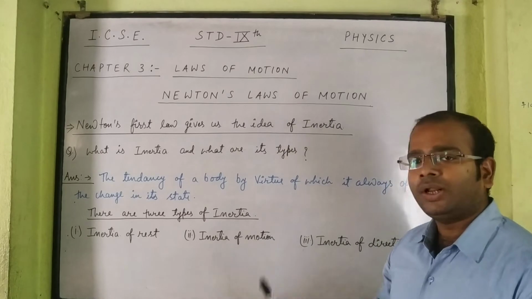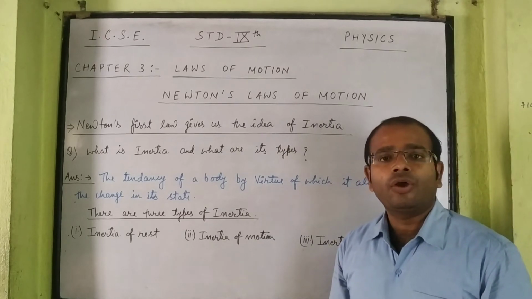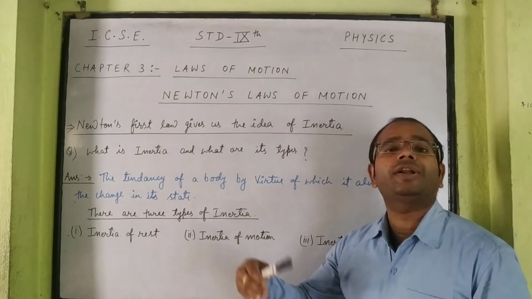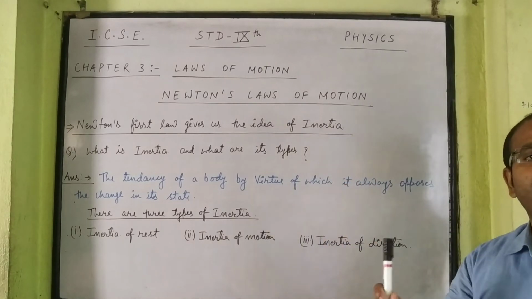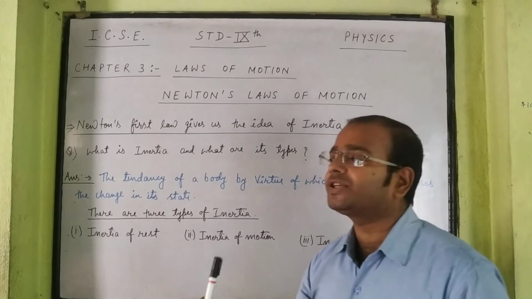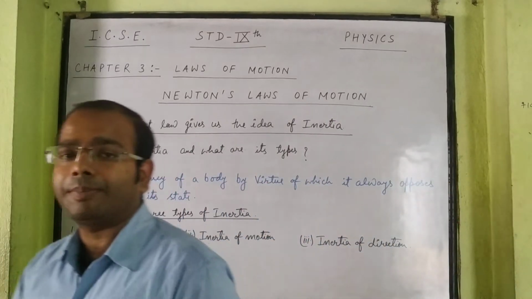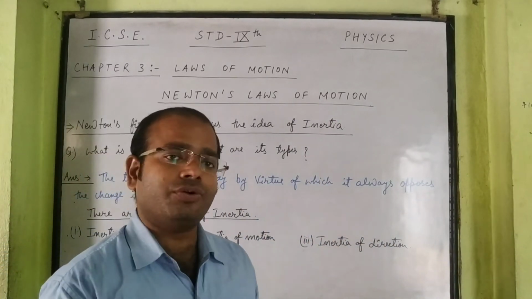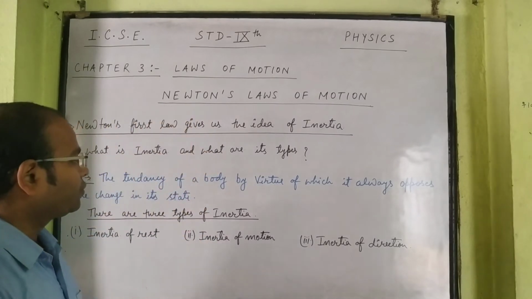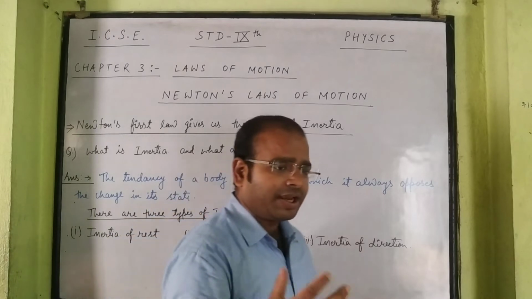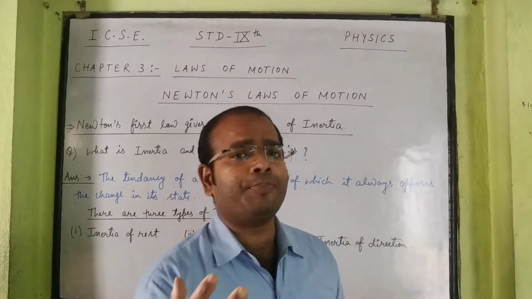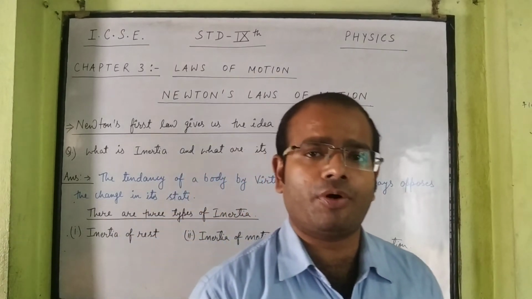Inertia of motion is the tendency of a body which opposes the change in its state of motion. And inertia of direction is the tendency of a body to oppose change in its direction of motion. So we have three types of inertia, and this is the inertia which always opposes the change in the state of a body.